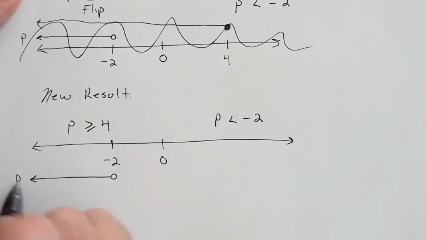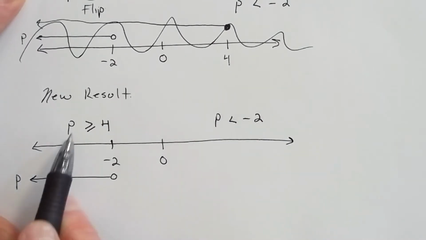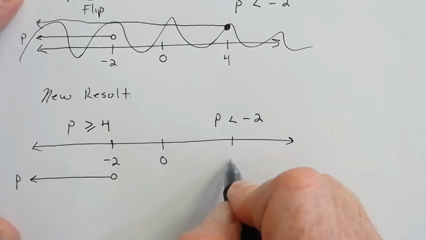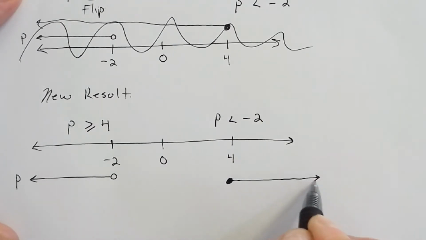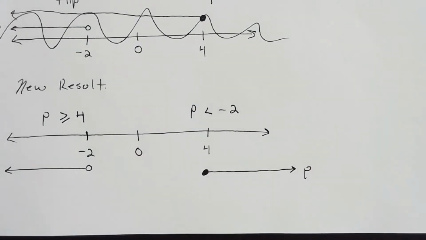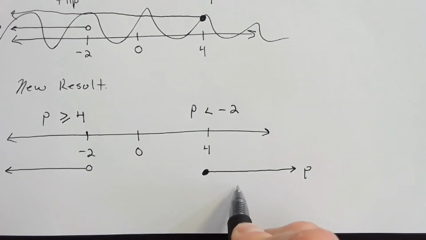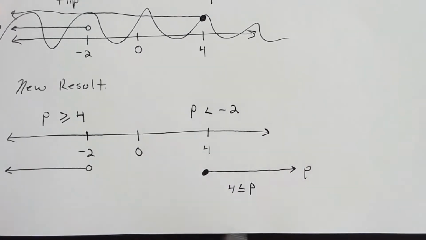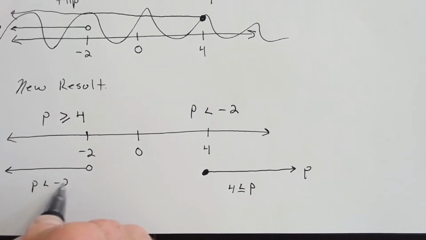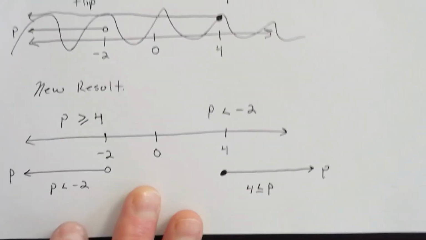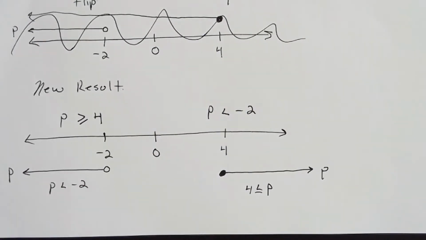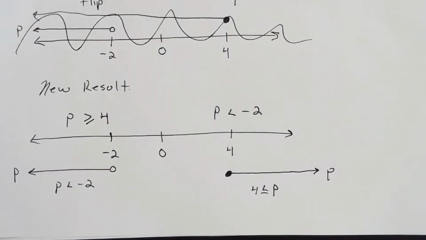And so that's going to be P is less than -2, and P is greater than or equal to 4. So that would be the result. Yes.